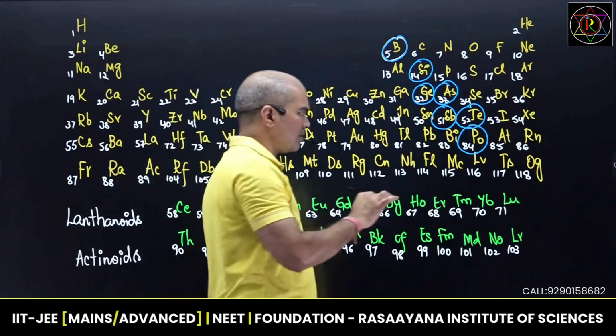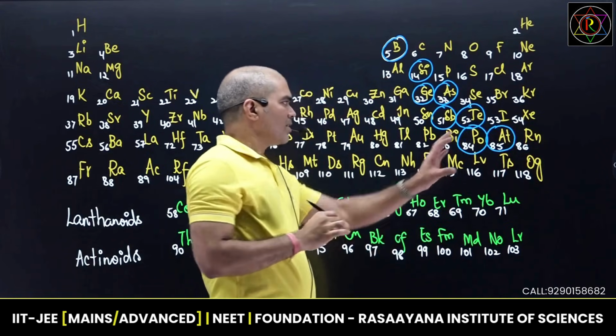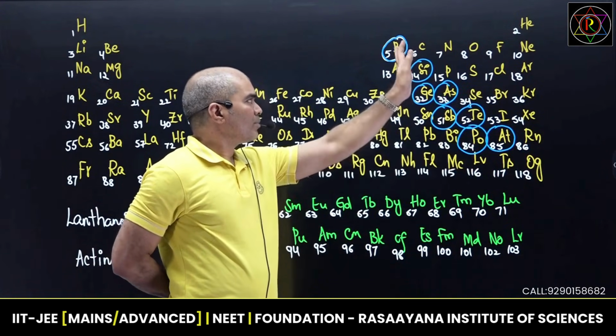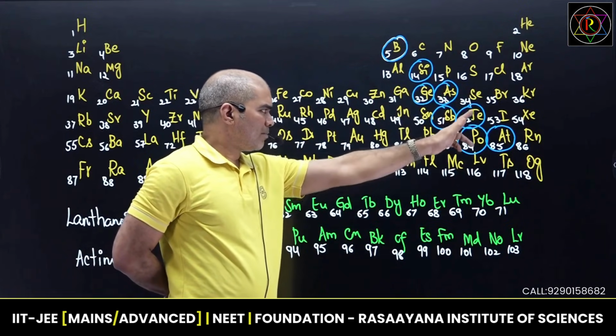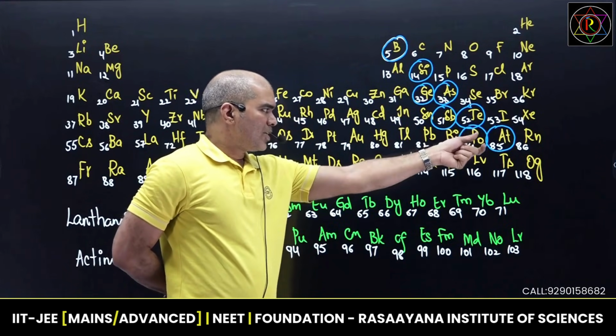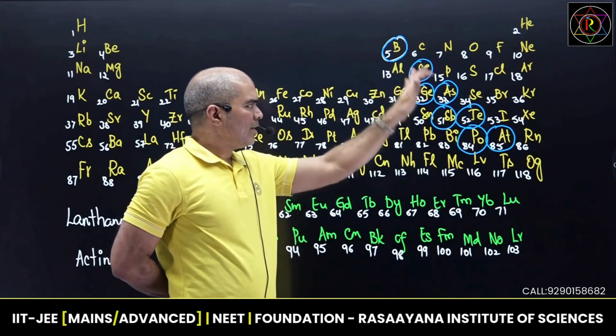Now even astatine is also considered as a metalloid. In some literature, astatine is not given, they are given up to tellurium, polonium. So boron, silicon, germanium, arsenic, antimony, tellurium and polonium are given as metalloids. In some literature, astatine is also added, so we will also consider astatine. Altogether there are 8 metalloids.